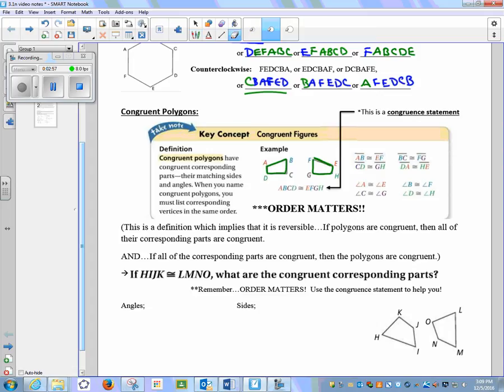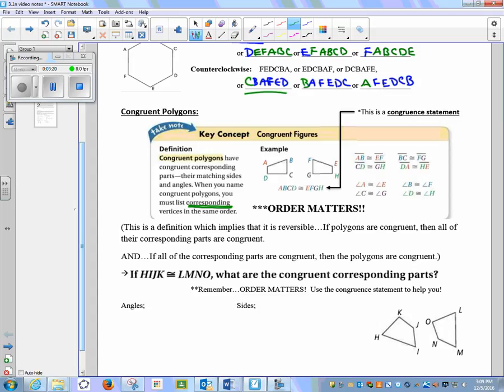That means the length of each side is the same as the length of a corresponding side on the other polygon. So this is a word we're going to be using a lot with congruent polygons, this word corresponding. In other words, the part that matches up to whatever given part.